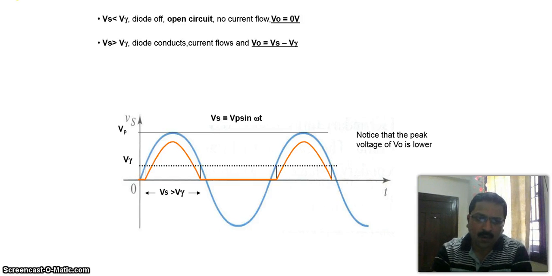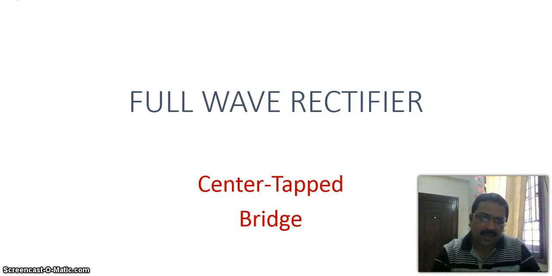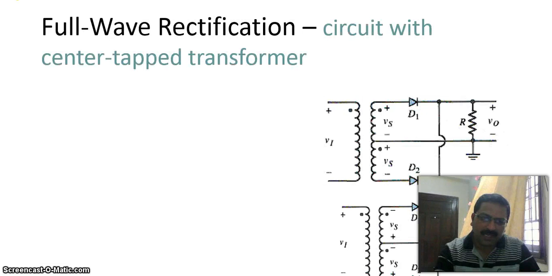Here we can notice that the peak of the DC output is less than the peak of the AC power. Now we'll see the full wave rectifier. In the full wave rectifier, there are two possibilities: one is the center tapped rectifier, another is the bridge rectifier.